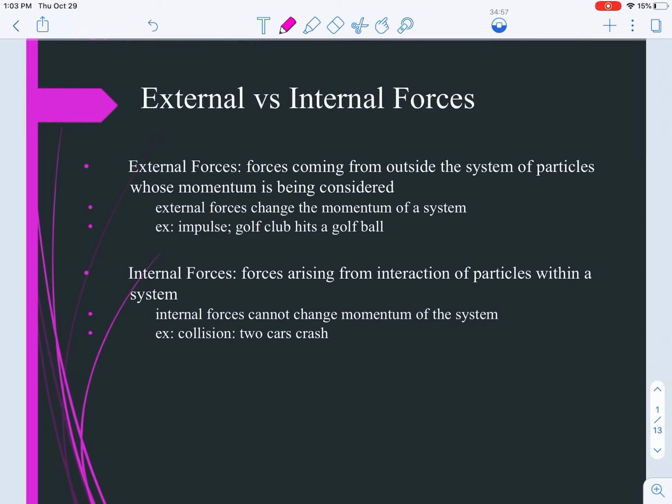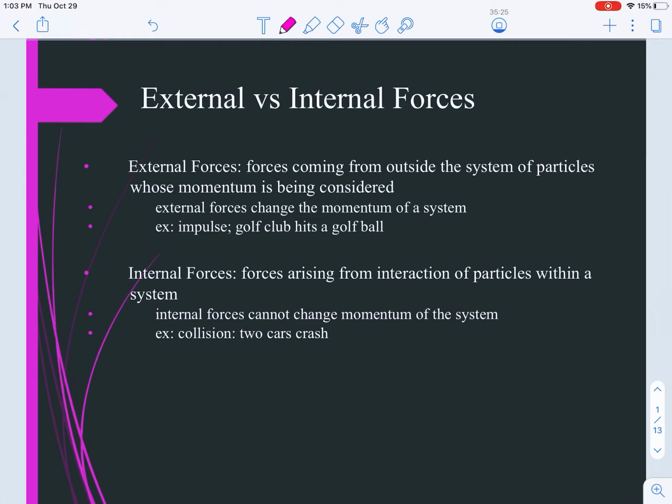So once we recognize what our system is, once we've identified the objects that are going to be included in this system, then the forces come from those objects. It's not some outside external force coming into our system and changing the momentum of the objects. It is now contained within those two objects, basically.